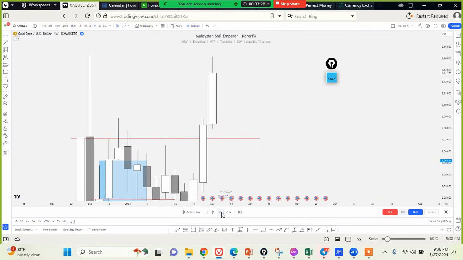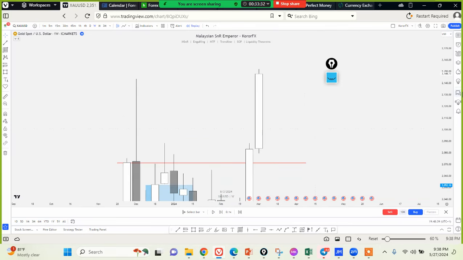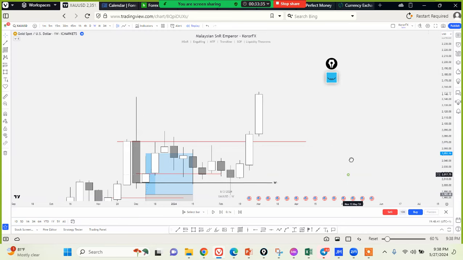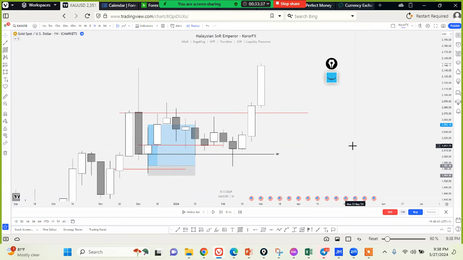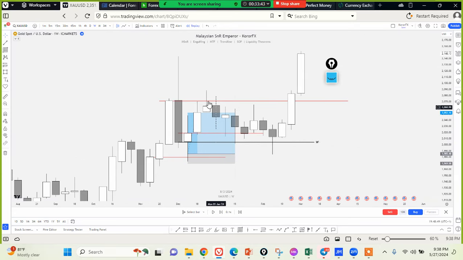Basically, you don't know where it's going beforehand, so it has to keep breaking out, until you see a weekly reject weekly. For example, when we get a weekly reject weekly here, price sells off.